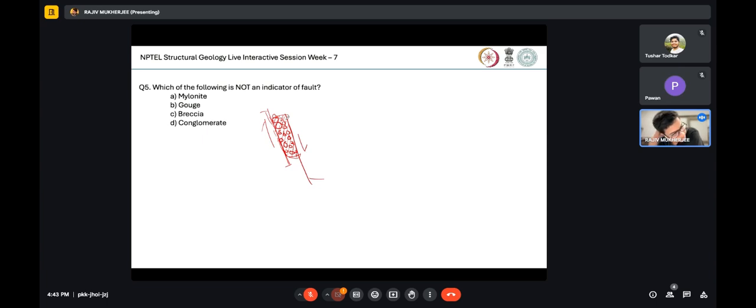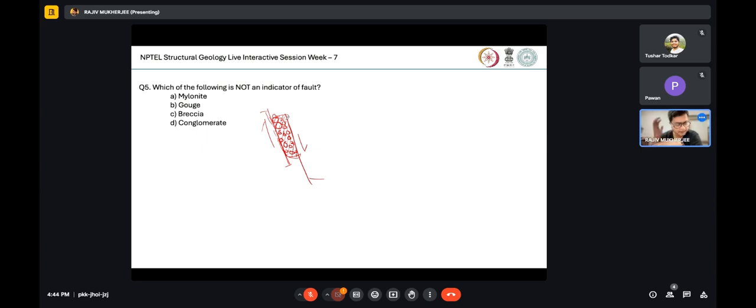If I have a fault gouge with a very large size of clasts in it, that will indicate that the relative displacement of the fault is pretty small, because only if you have very high displacement can you produce high comminution and grain size reduction.